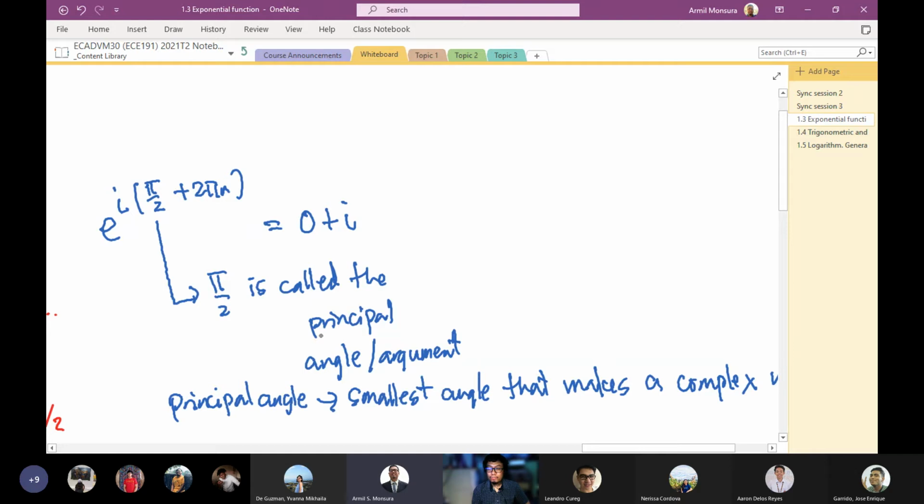Okay, so we will consider your angle between negative pi and positive pi as what we call the principal range.